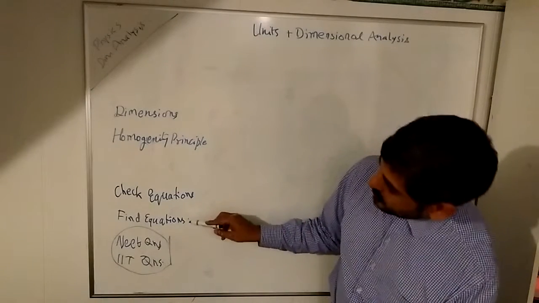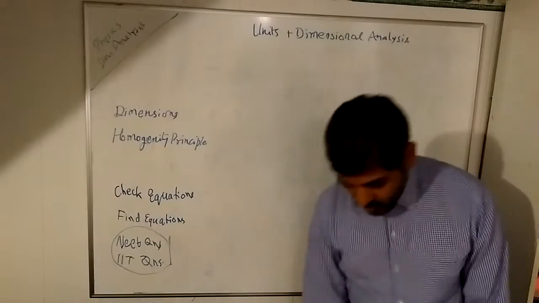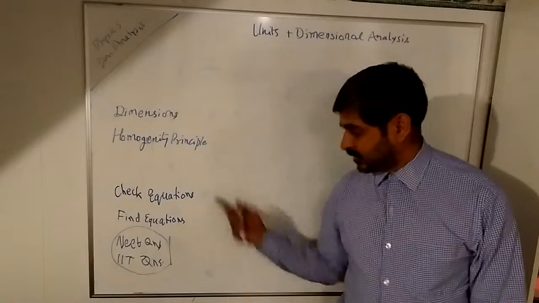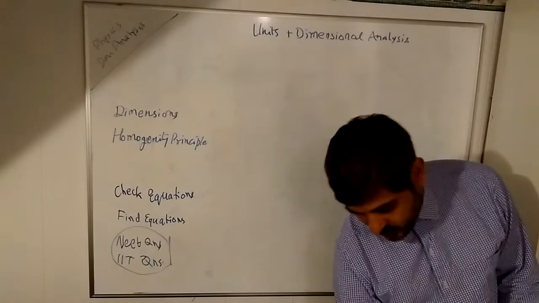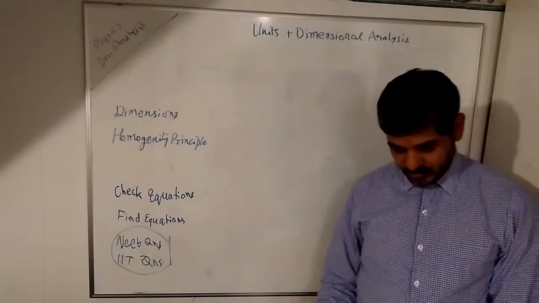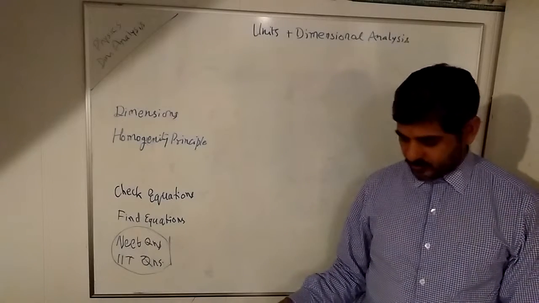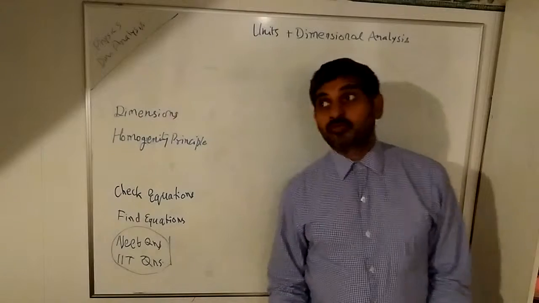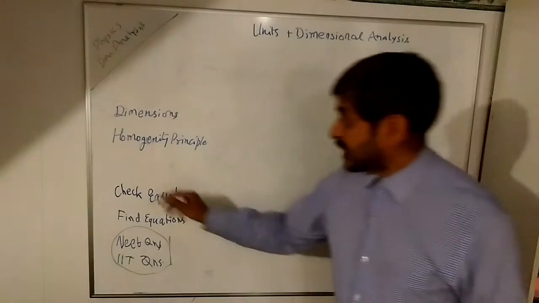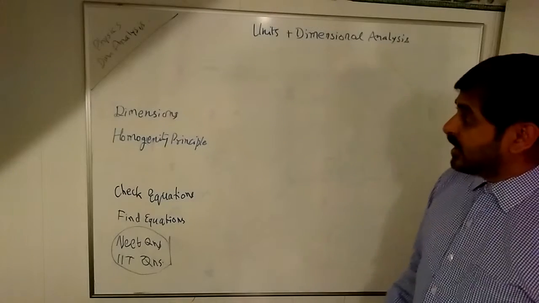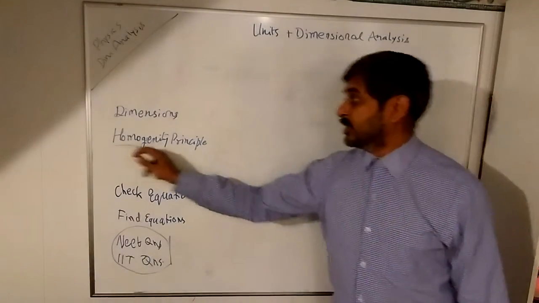And then you can also find the expression of a physical quantity and derive these equations. We will do the problems in this one. And in the last, we have one type of problem where we find the dimensions in terms of other quantities. So let's start with the homogeneity principle.